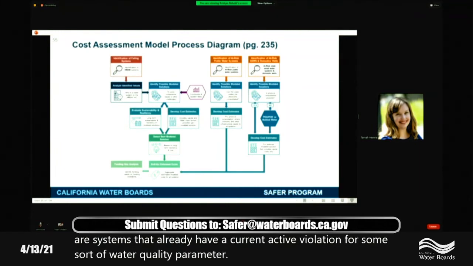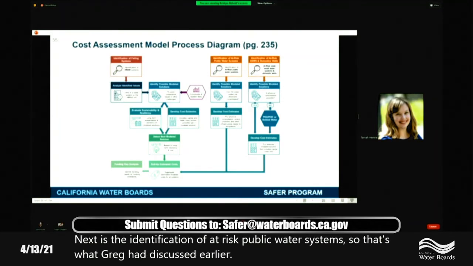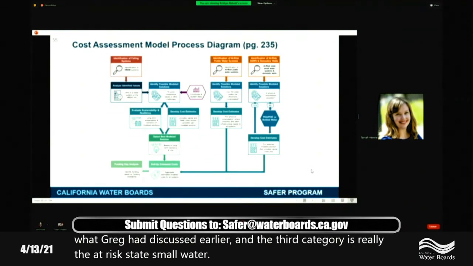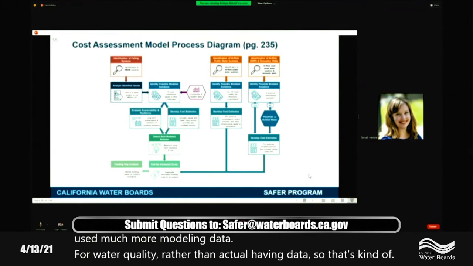Next is the identification of at-risk public water systems. That's what Greg had discussed earlier. And the third category is the at-risk state small water systems and domestic wells, which use much more modeling data for water quality rather than actual data. So that's why we ended up with different processes here.